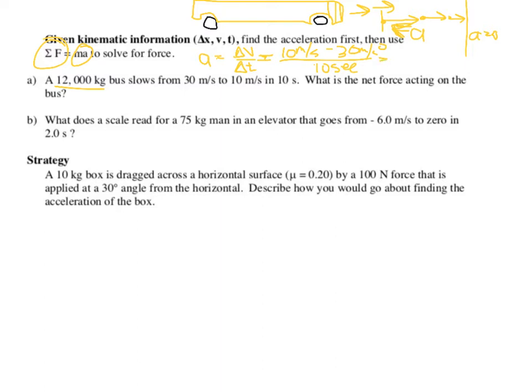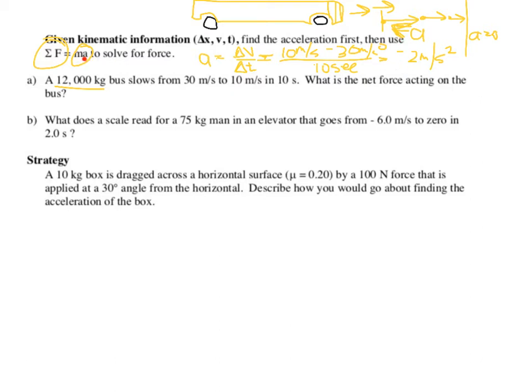What's 10 minus 30? Oh, negative. So see, we should have a negative 2 meters per second squared here. Does that match our motion map? Yes. Look at that. That matches the motion map. Negative 2 meters per second squared.